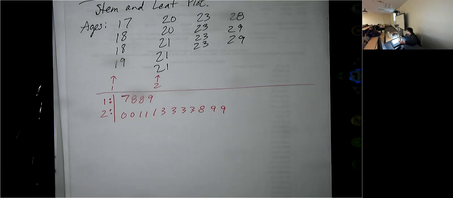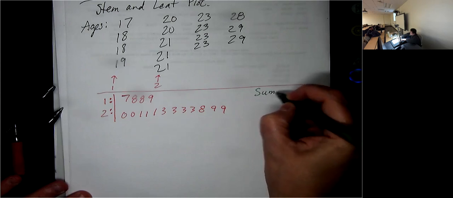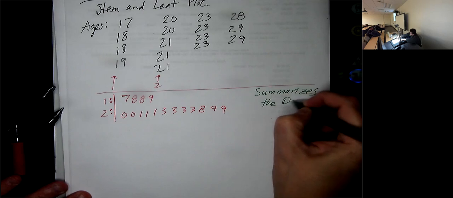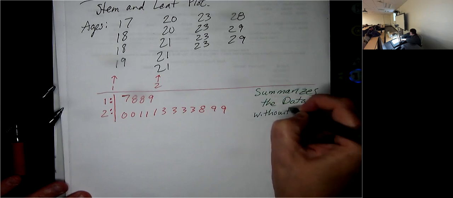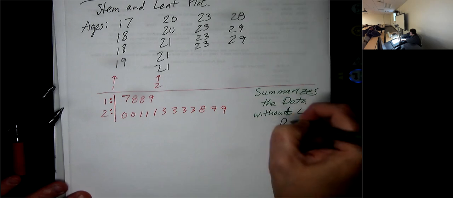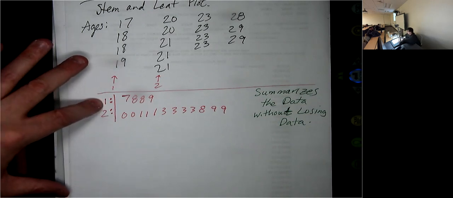So this has a couple pros and cons. The pro, a huge pro, is that it summarizes the data without losing data. I can tell that there's 4 entries in that 10s range.